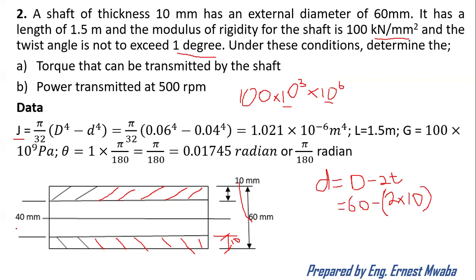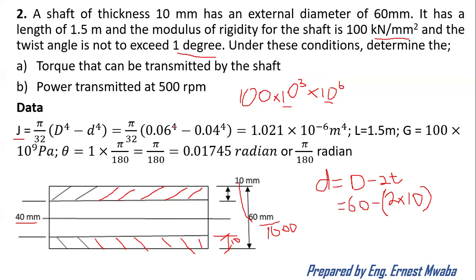And the next thing you do is just to make sure that everything is converted now to meters. 60 millimeters converted to meters: divide this by 1,000. You do the same for this other one also. Divide it also by the same 1,000. So with the first one, you have 0.06. The second one, which is 40, you have 0.04.